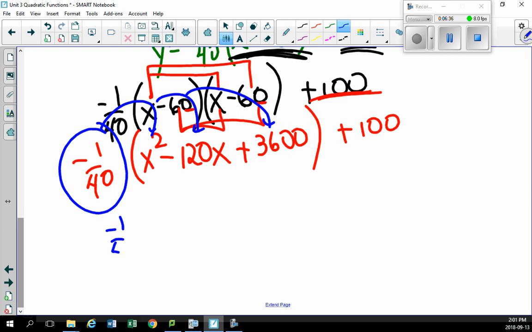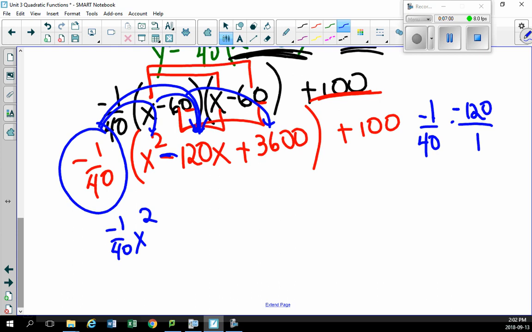Negative 1/40th times x squared. Well, that's easy enough to do, but now we've got to multiply negative 1/40th by negative 120x. Well, let's do this over here. Negative 1/40th times 120. And oh yes, don't forget that in fact there is a negative here, so negative times a negative makes it a positive. 120 over 40.